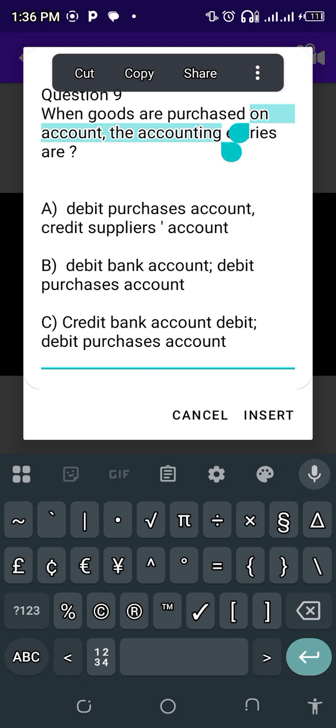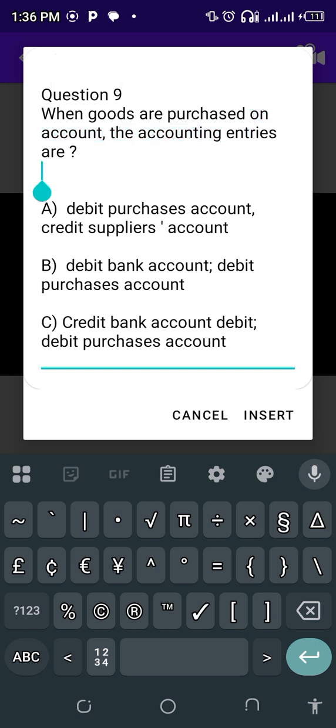The creditors account or the supplier account increases by the credit side, while the purchases account increases by the debit side. So, when goods are purchased on account, the right entry there is to debit the purchases account and credit the supplier's account.